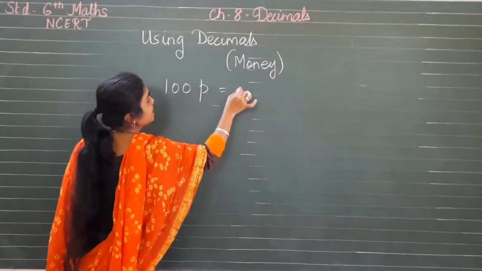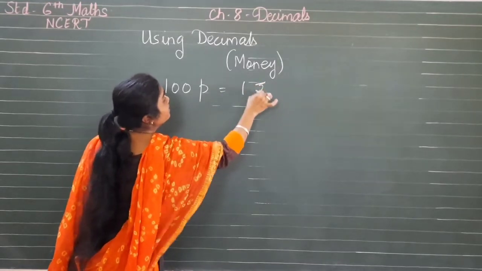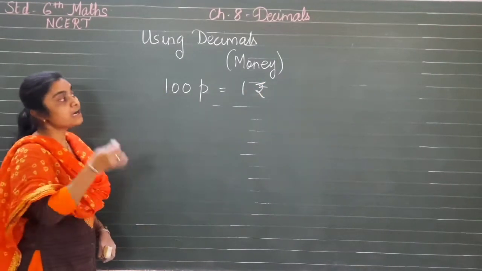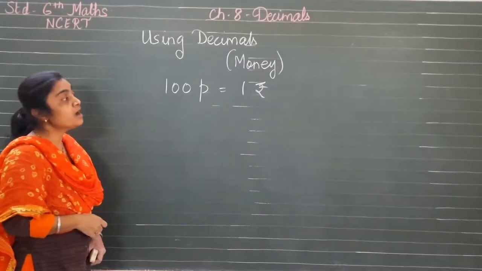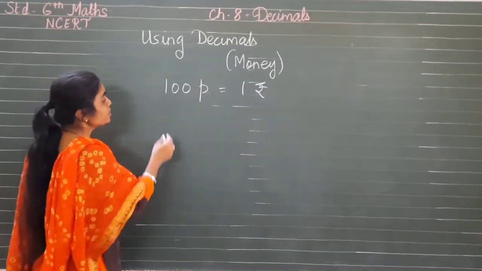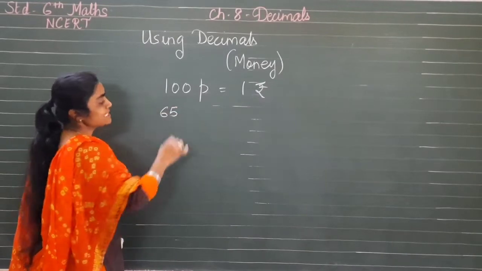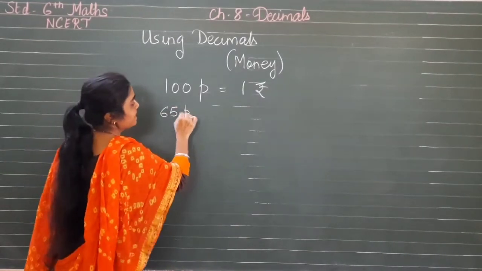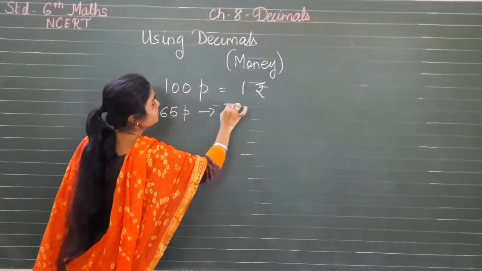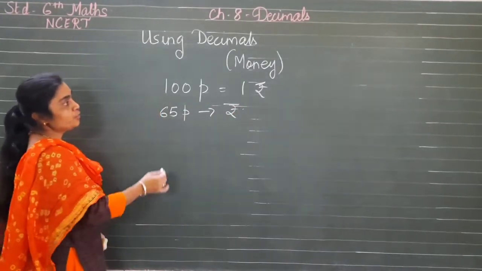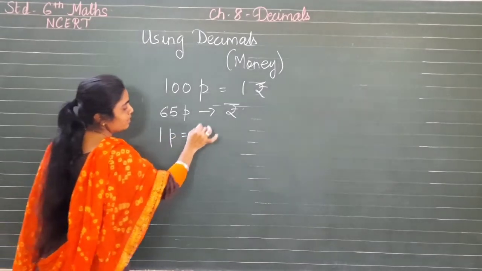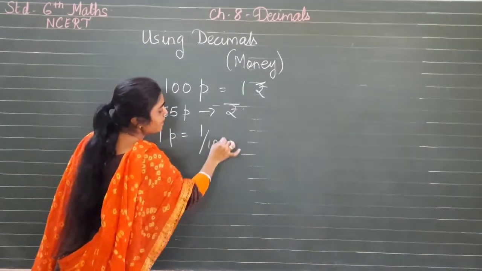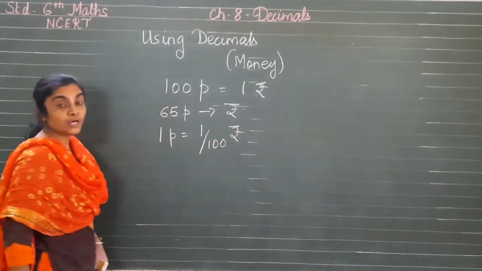100 paisa is equal to 1 rupee, or we can say 1 rupee is equal to 100 paisa. Now suppose we want to convert 65 paisa into rupee. Now we know 1 paisa will equal 1 upon 100 rupee.